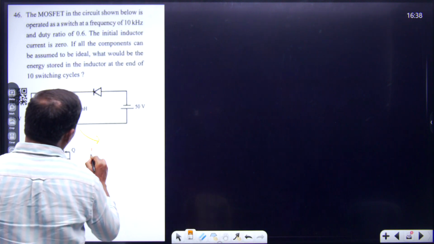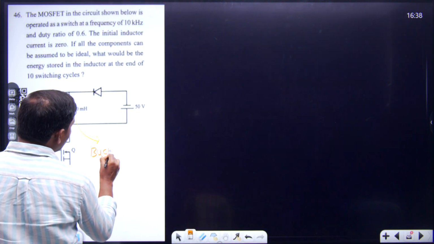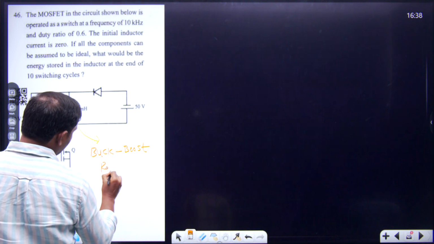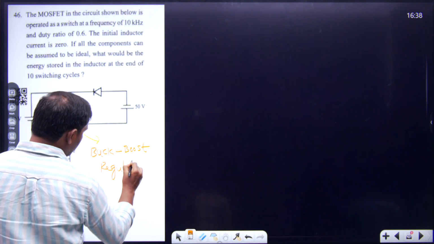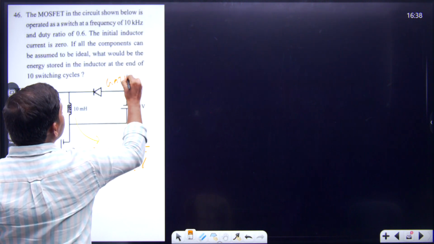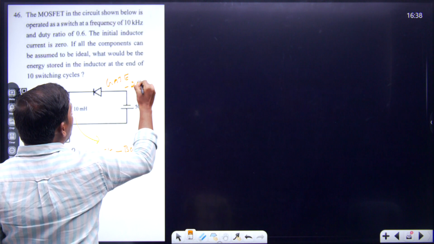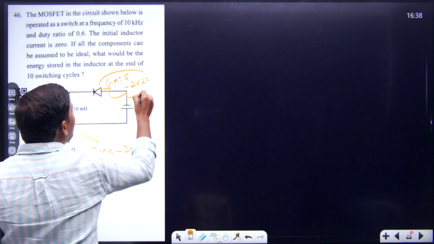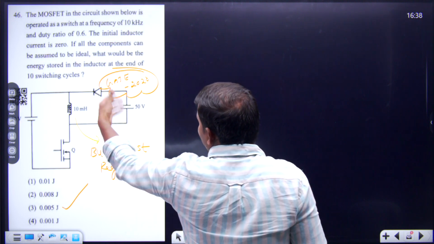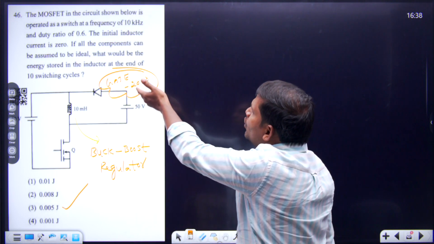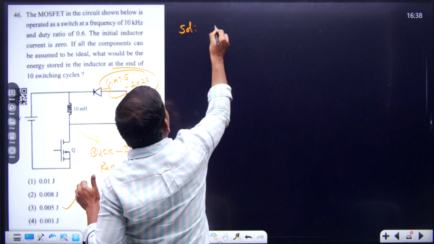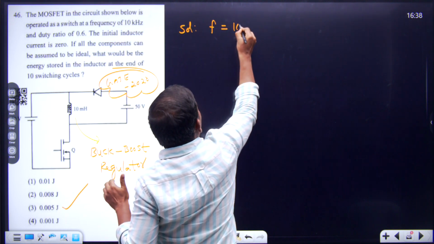This is the question on the buck boost regulator, already a previous GATE 2020 question, given directly without changing any data. The buck boost regulator has a switching frequency of 10 kHz.